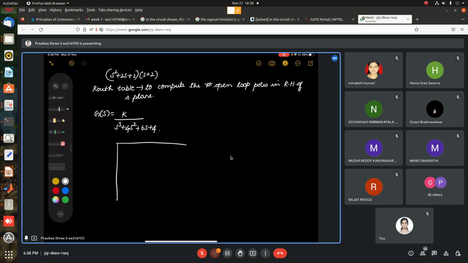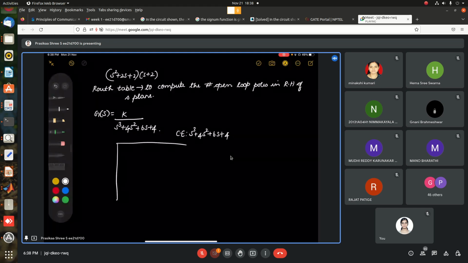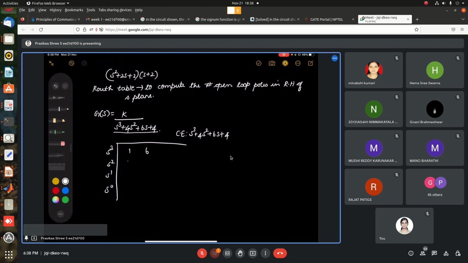So form a Routh array. We need a characteristic equation in order to form a Routh array and find how many open loop poles are present in the right half of S plane. So this is the characteristic equation: s cube, s square, s power 1, s power 0. So 1, 6, 5, 0, 4, 0. You'll be getting something like this.